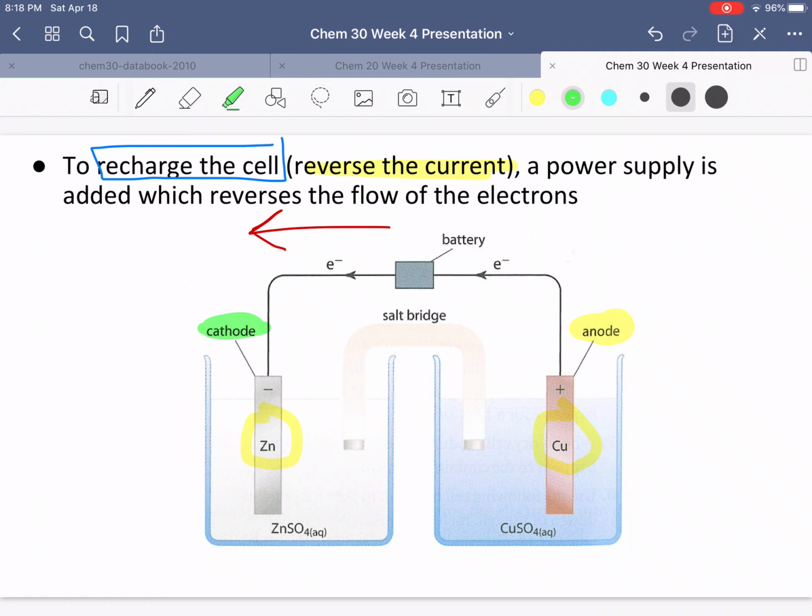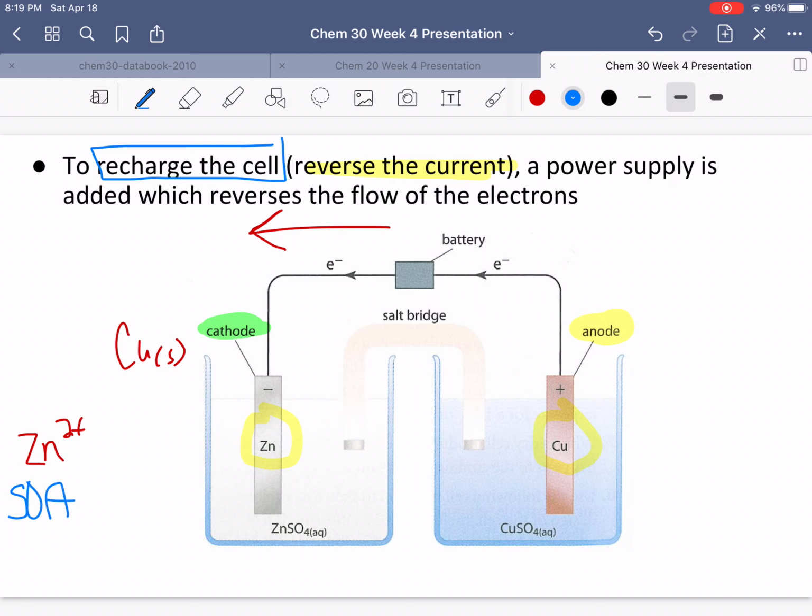And yet, we have switched which electrode is the anode and which electrode is the cathode. We have forced, in other words, a situation where now that zinc ion is going to act as the SOA and the copper solid is going to act as the SRA.